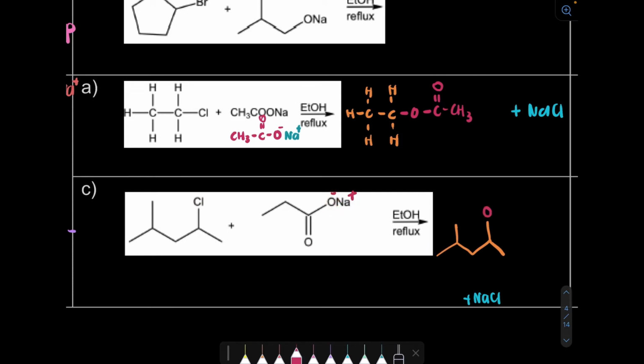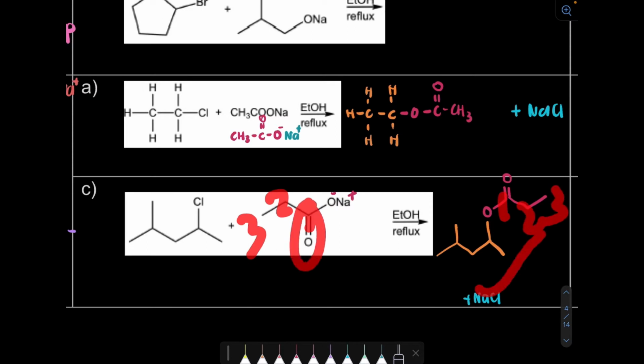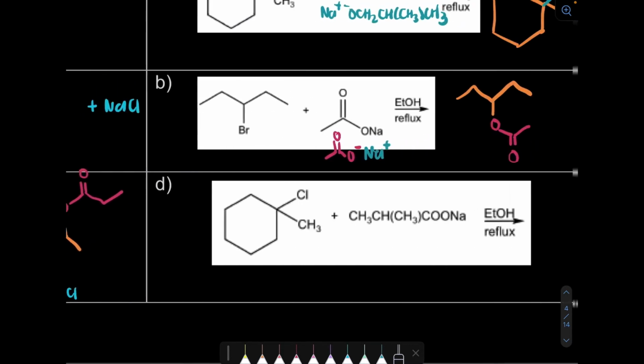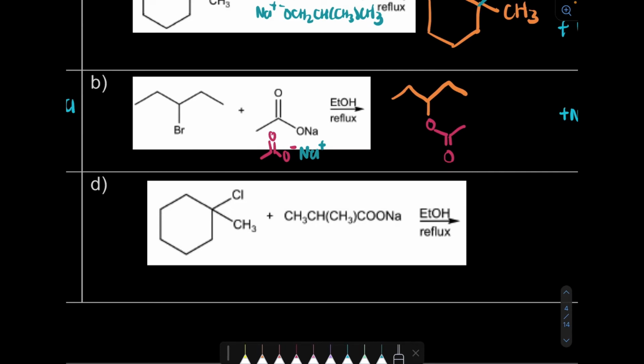So I'm going to draw one oxygen here, bonded to one carbon. This carbon has a double bond O, so I'm going to draw the double bond O. Then the same carbon is bonded to 2 carbons, 1, 2. So this is actually the product. So I have substituted. If you're unsure, just label the carbons. Question D, I believe you could do it yourself.